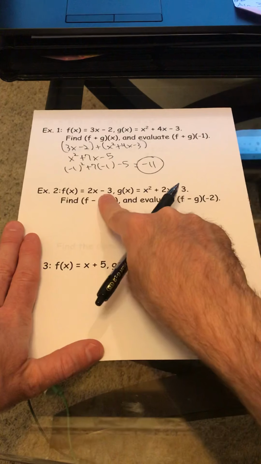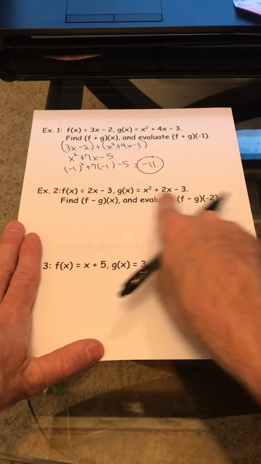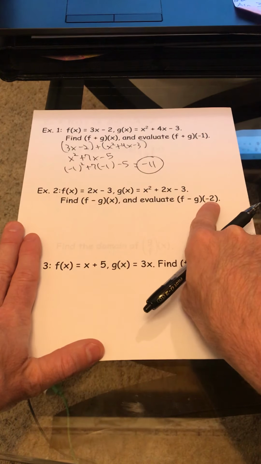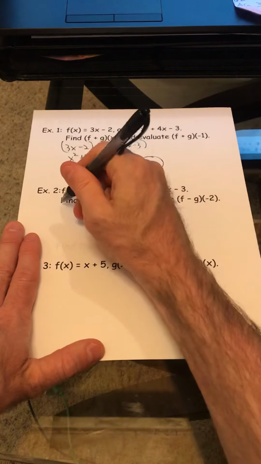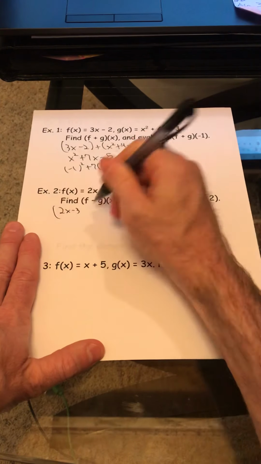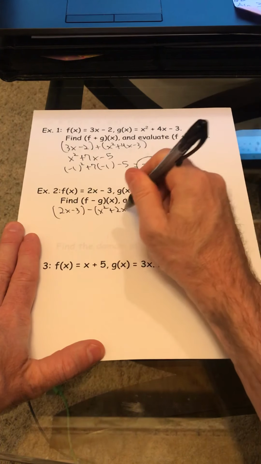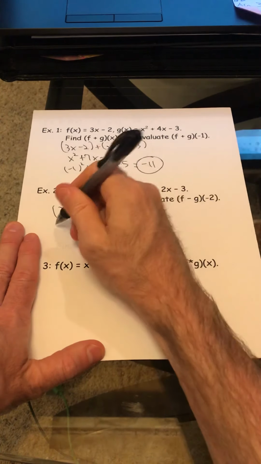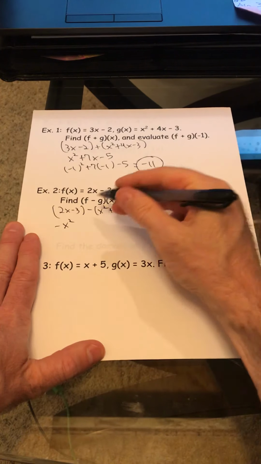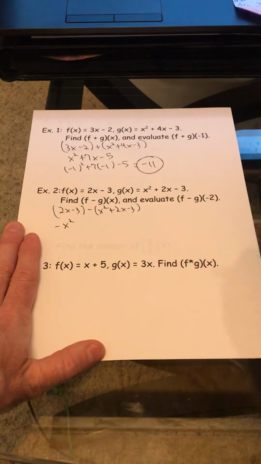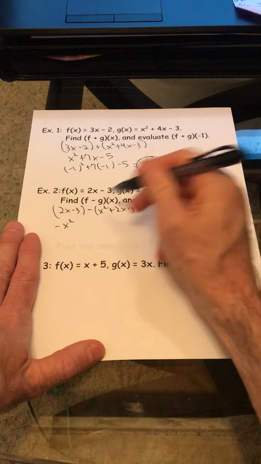Similar question here, example 2. Subtract the two functions, then evaluate for negative 2. So here, 2x minus 3 minus x squared plus 2x minus 3. So negative x squared. Oh, those actually cancel, which is kind of nice.